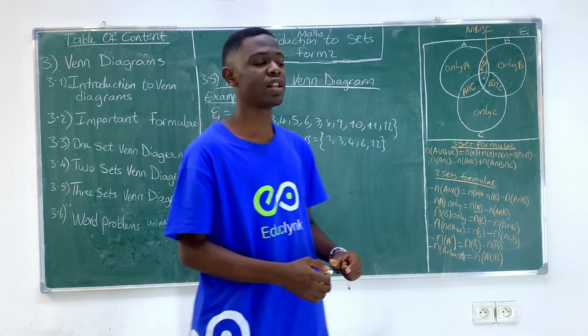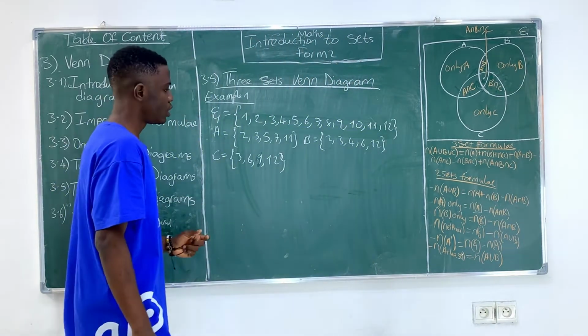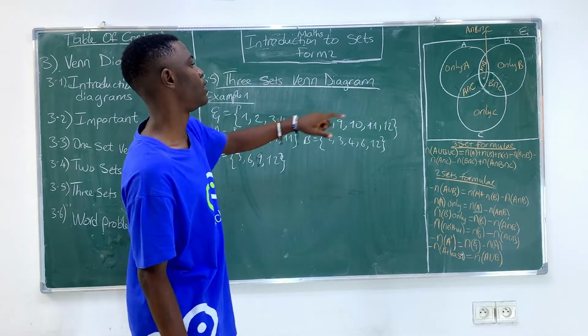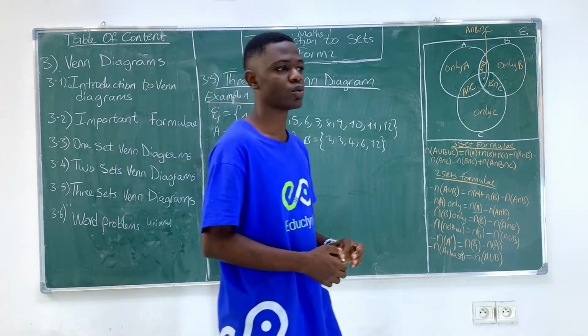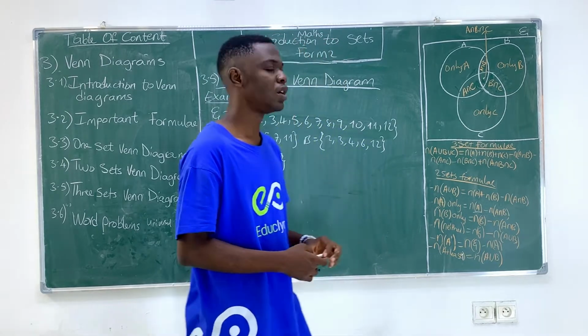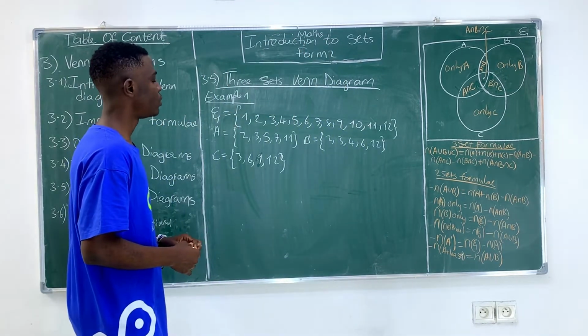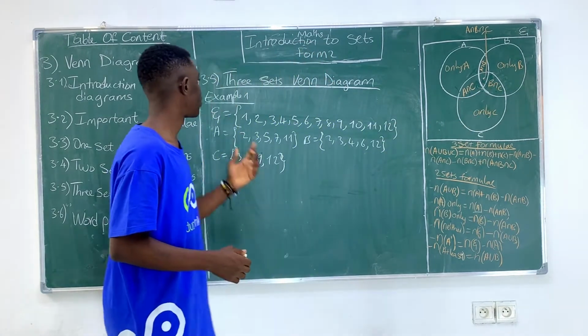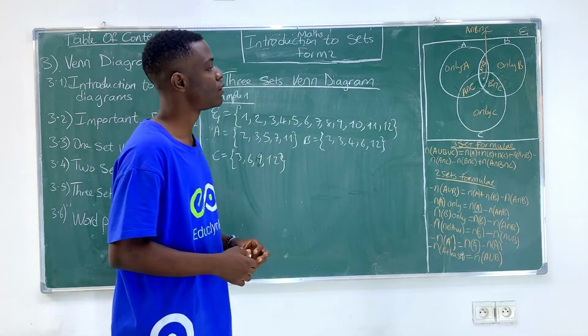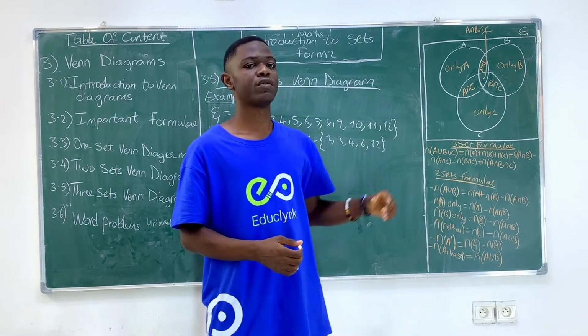So the question says to represent this in a Venn diagram like that. So let's try representing this in that Venn diagram. What are the steps you want to do if you want to represent it in a Venn diagram? The first thing is, as for the two sets Venn diagram, we're looking firstly for the highest intersection.